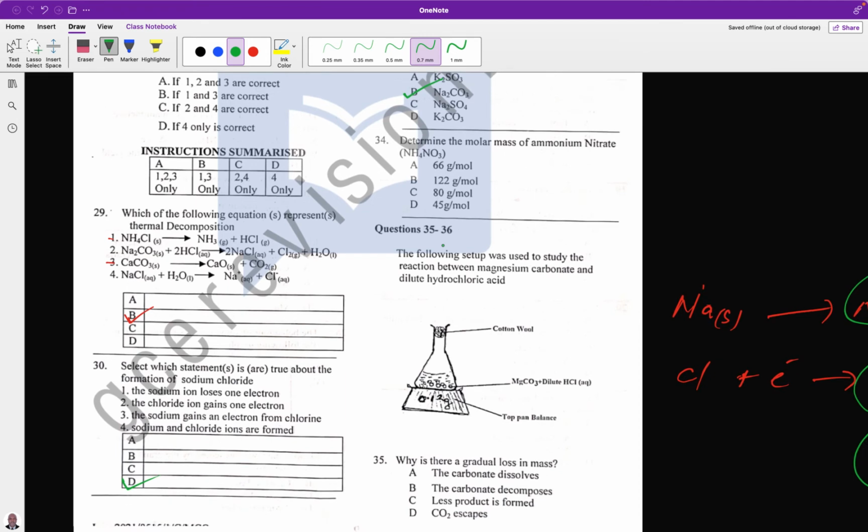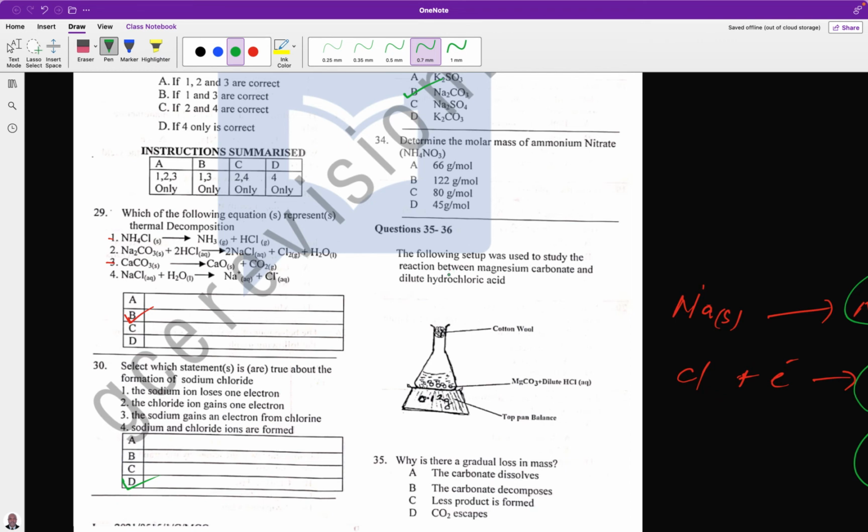Question number 34. Determine the molar mass of ammonium nitrate.